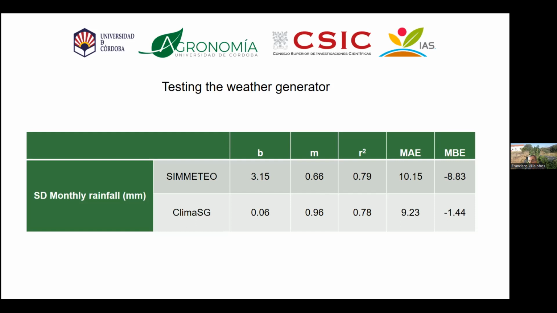That indicates that the standard deviation of monthly rainfall is in general underestimated in most locations around the world. On the other hand, ClimaSG had an intercept close to 0.06, a slope very close to 1, and an R-square of 0.78. The mean bias error was now very, very low.